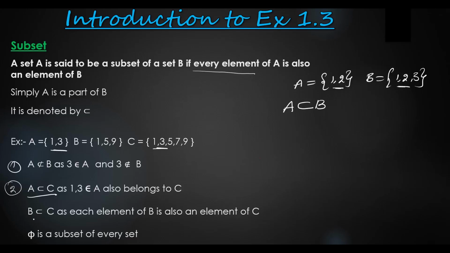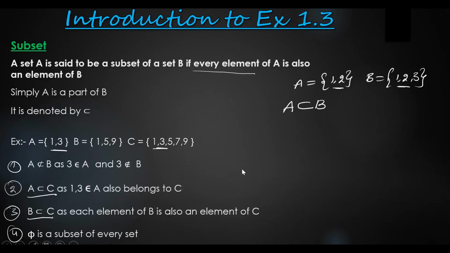And the third one, B is a subset of C, as each element of B is also an element of C. So 1, 5, 9 is present in B, and also present in C. That's why we are saying B is a subset of C. And the fourth one, the null set is a subset of every set.